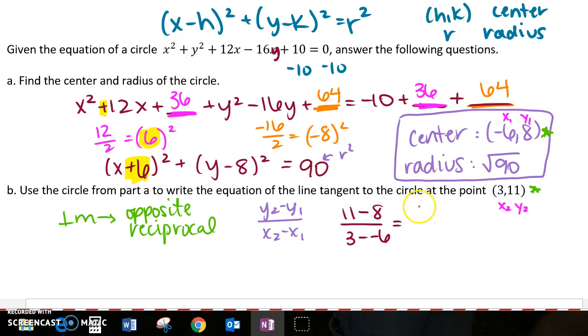So 11 minus 8 is 3. 3 minus negative 6 is like a plus 6, which is 9. That can be simplified to 1/3. So this is the slope of our radius.